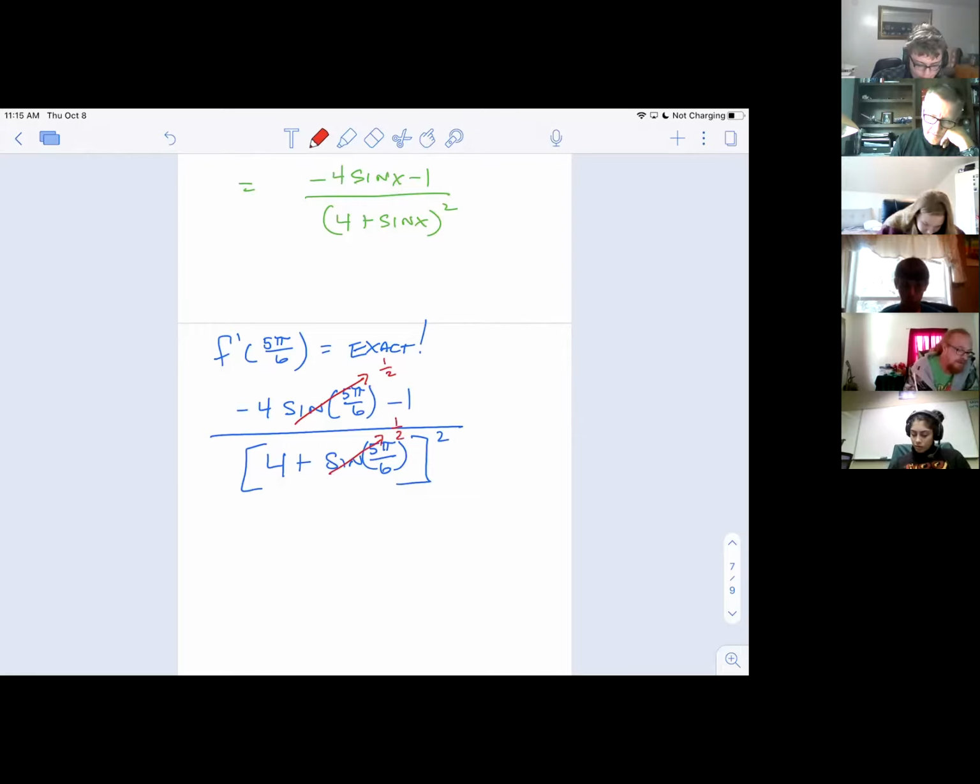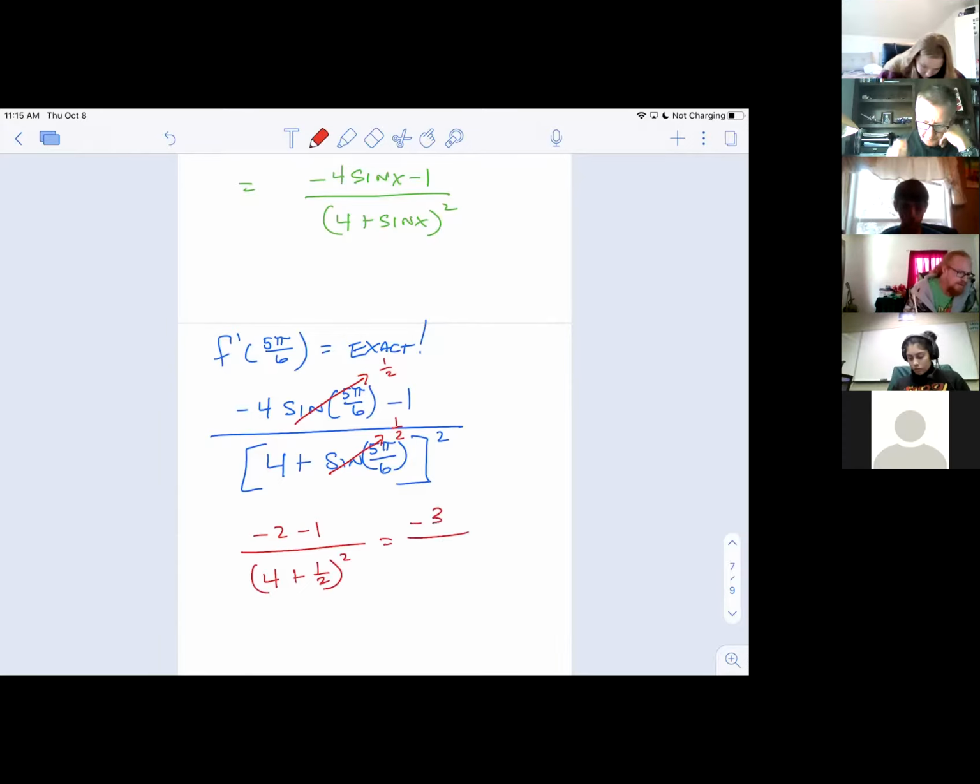So let's see, -4 times a half is -2 minus 1. On the bottom, we have 4 plus a half, but we have to square that. So that's -3 on the top. 4 plus a half is 8 halves plus 1/2, which is 9 halves. So I have 9 halves on the bottom, but it's squared.